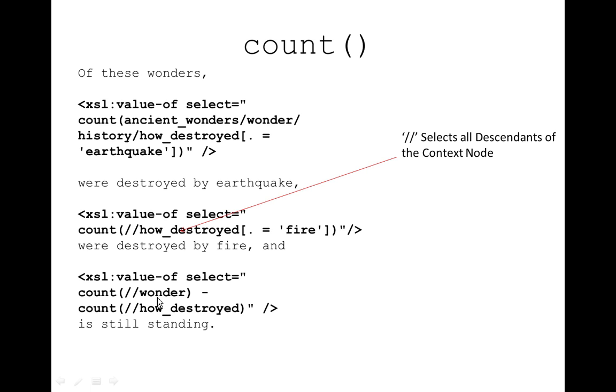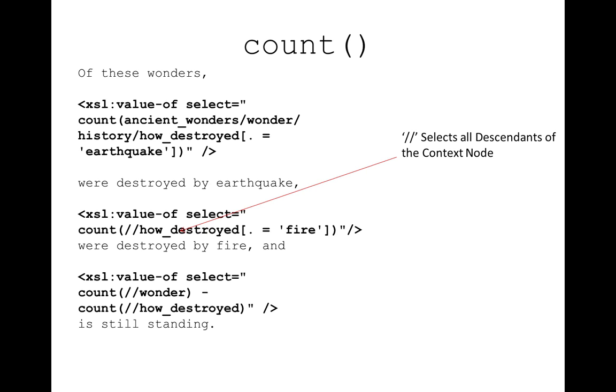And it counts them all up, and then it's going to subtract, again, count them all up, how destroyed. And in the context of the examples we've been using in the book, anytime that it's been destroyed, it will have this element there. If it wasn't destroyed, there is no element used in the XML document.